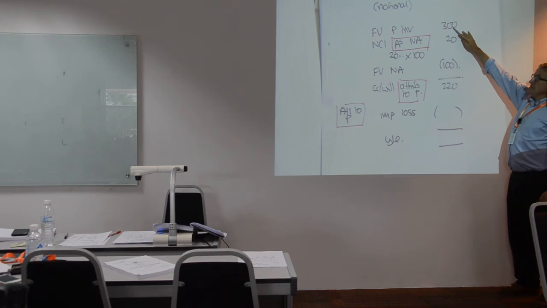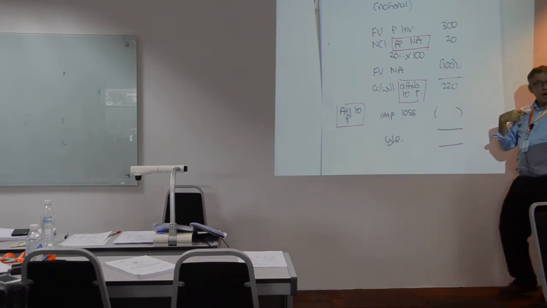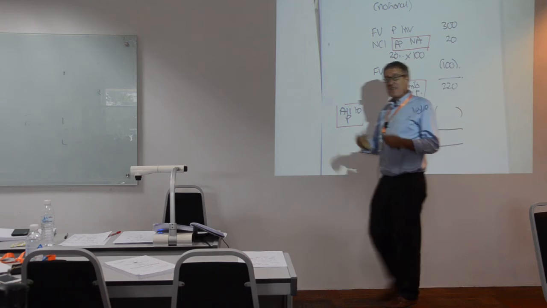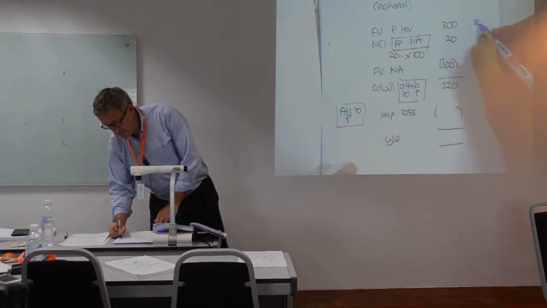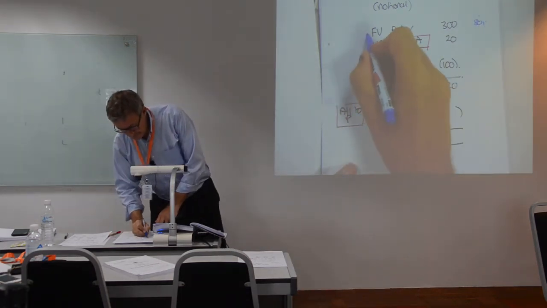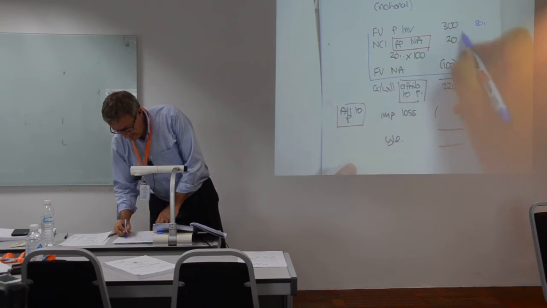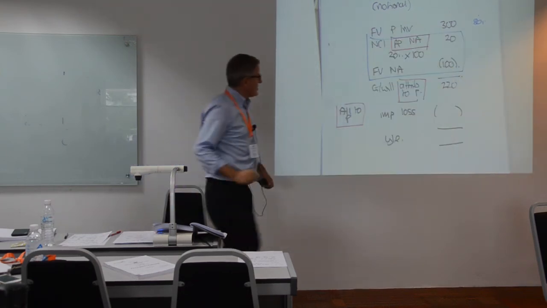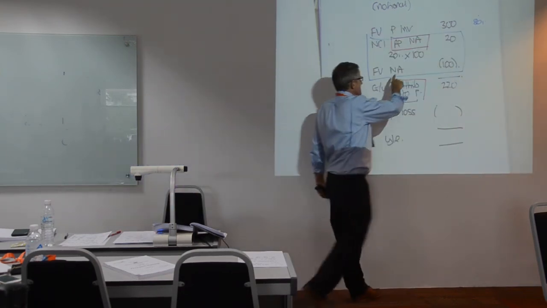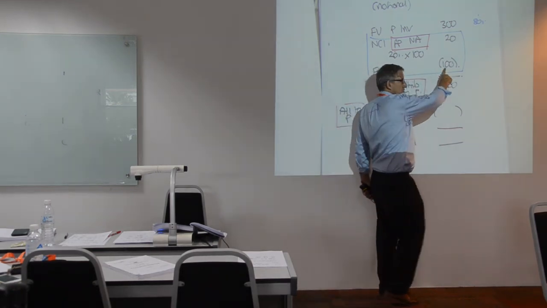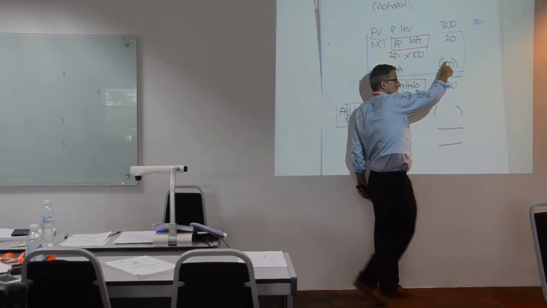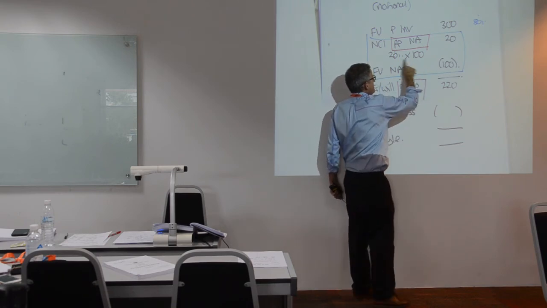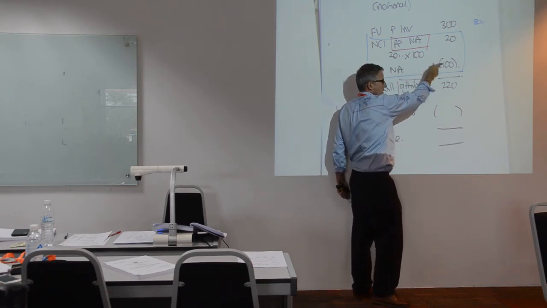The parent pays 300. I am the parent. I pay 300, and that buys me 80% of the business. What we're then doing is taking away 100, but adding 20% of 100.